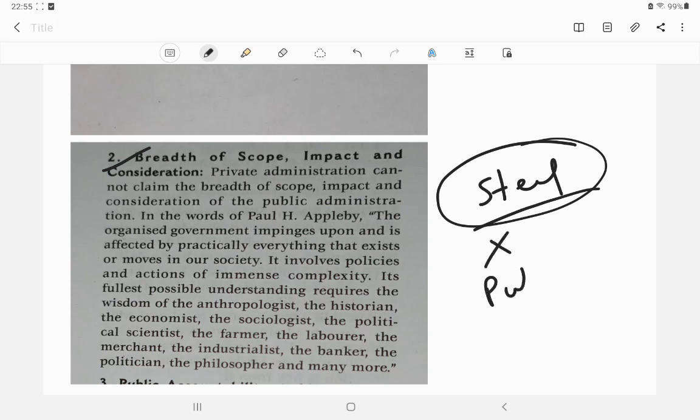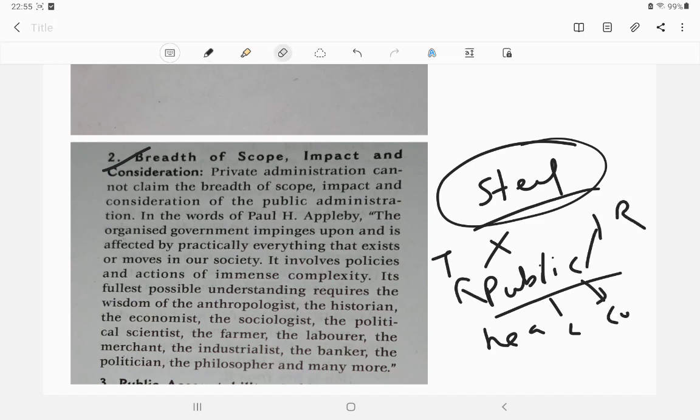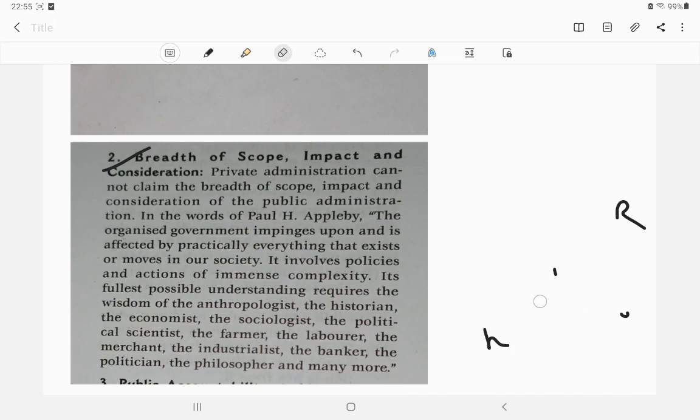In public administration, everything is covered: health, law and order, connectivity, roads, transport, etc. So the scope of public administration is larger. The private administration cannot claim the breadth of scope, impact, and consideration of the public administration.